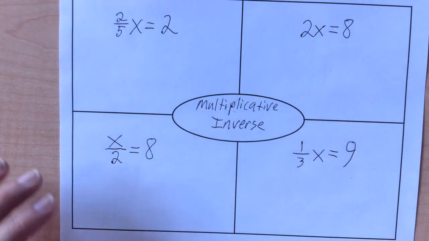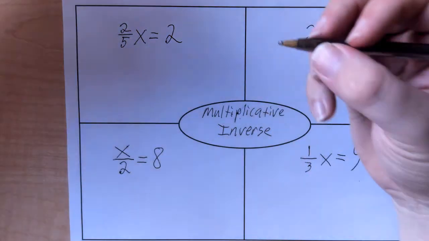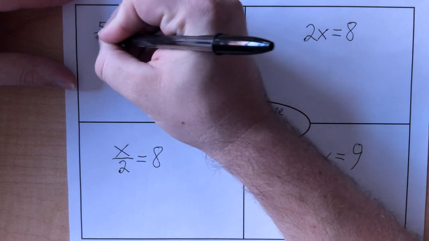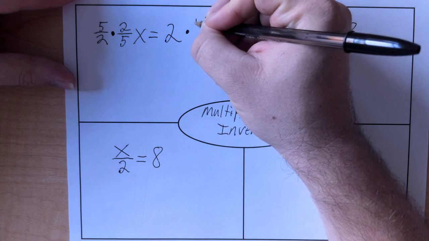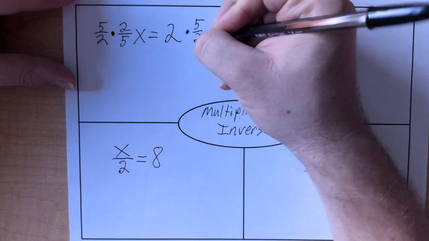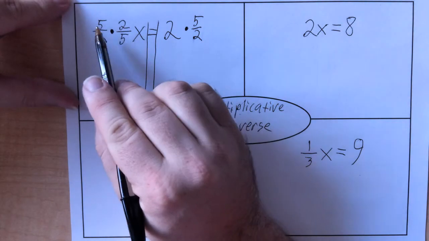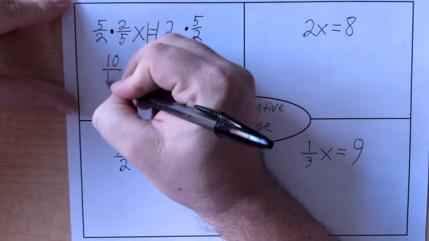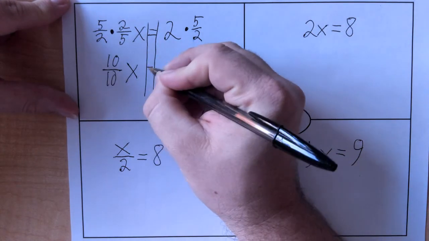For the multiplicative inverse, we're saying that the multiplicative inverse is the reciprocal, or the flipped form of this fraction, so 5 over 2. And again, what you do on one side, you do on the other. And I like to draw these bars. So when you multiply fractions, you multiply across, right? So here I have 10 over 10. 5 times 2 is 10, 2 times 5 is 10, right?